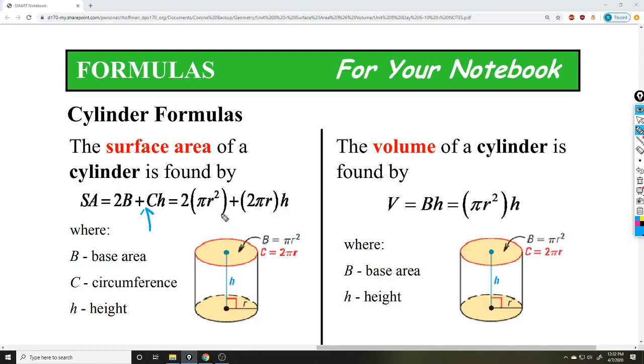This here is just plugging in the formulas of these things, because here's area of a circle and here is circumference of a circle. That's all they're doing there. And then the volume is the exact same. Area of the base times the height. So it's not really all that different. You just got to get used to thinking about circumference instead of perimeter, because that's what we talk about when we talk about circles.